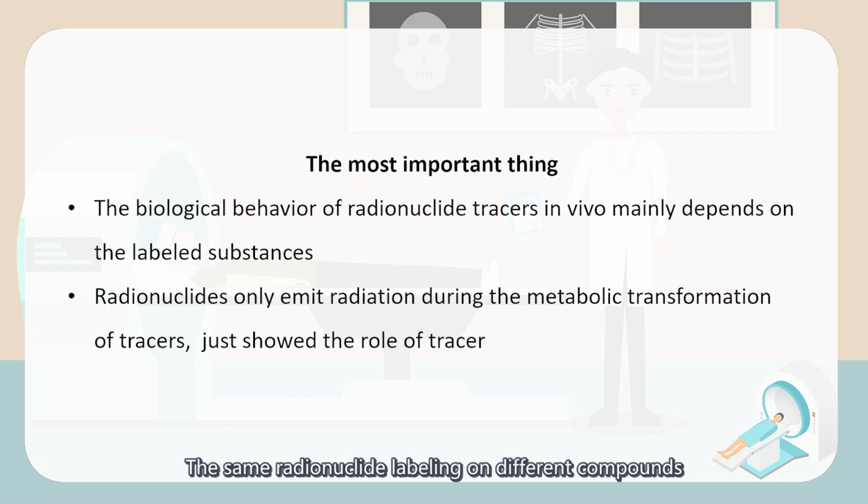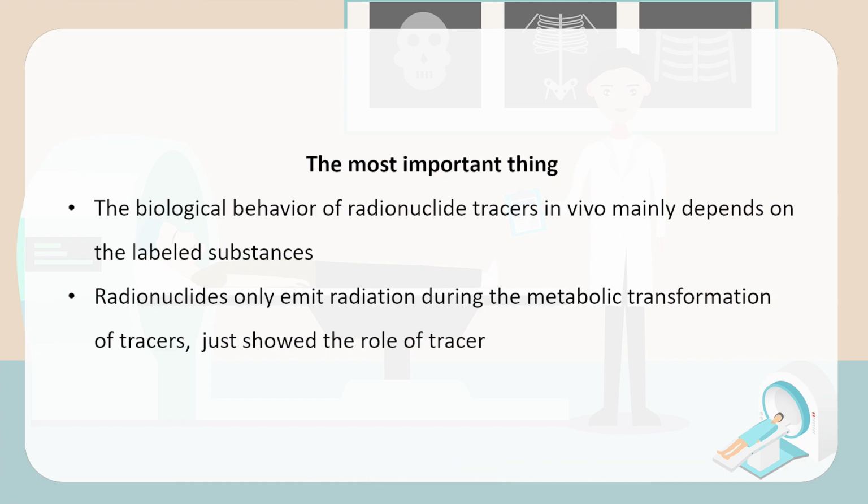The same radionuclide labeling on different compounds shows completely different metabolic process and biological behavior in vivo, while different radionuclide labeling on the same compounds will not change their biological behavior.